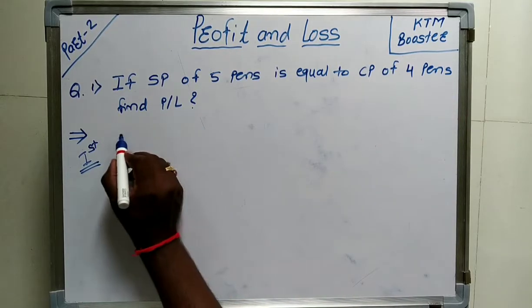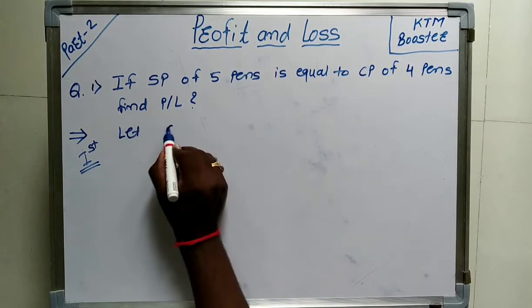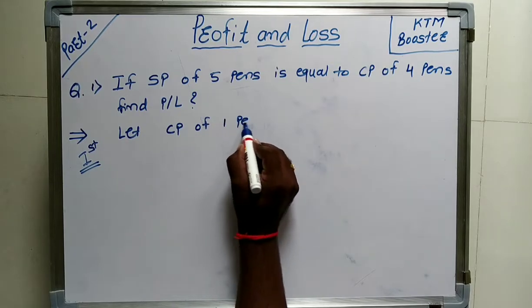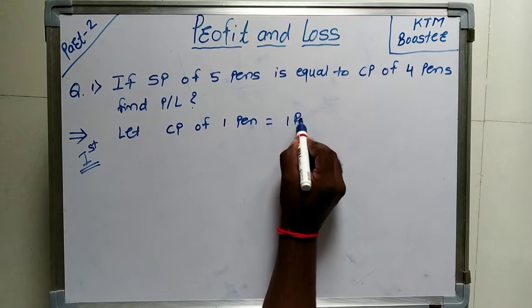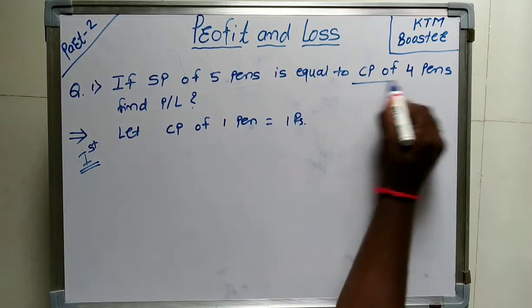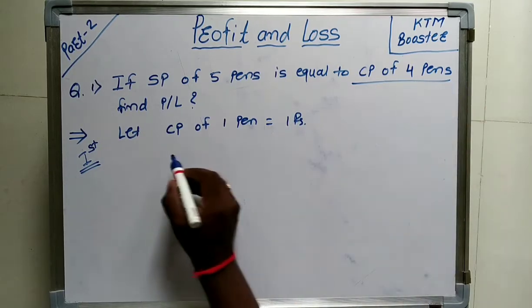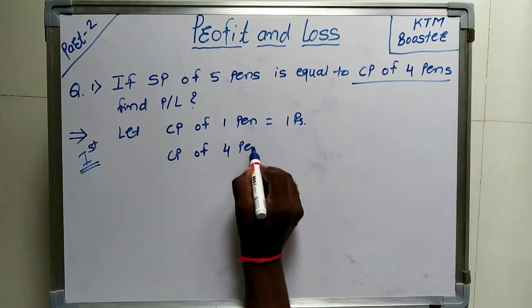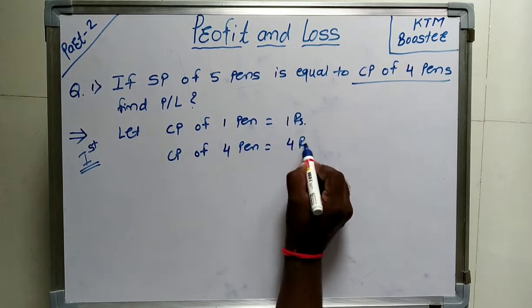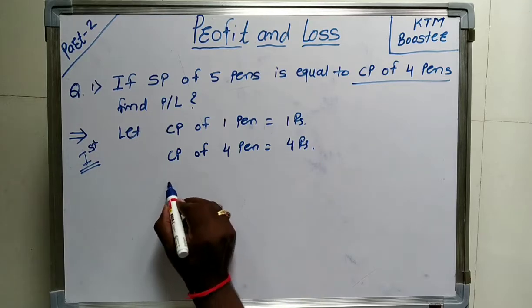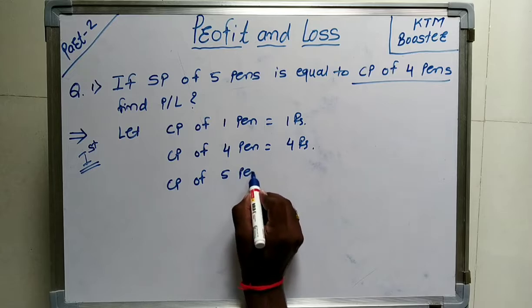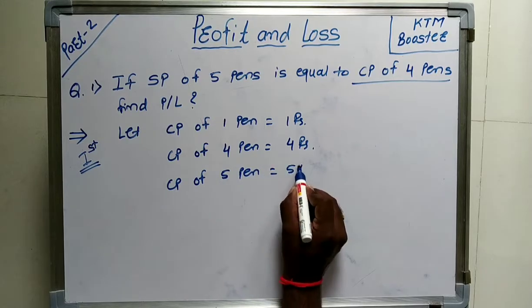Let us write the CP of 1 pen equal to 1 rupee. Just consider this. Then the CP of 4 pens equals 4 rupees, and the CP of 5 pens equals 5 rupees.